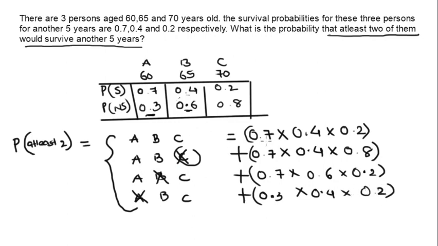So these are exhaustive outcomes. Already we know the probabilities. So what we can do is just add these answers, and this answer will be equal to 0.388, and this will be our final answer of the probability that two or more would survive for another 5 years. Thank you, friends.